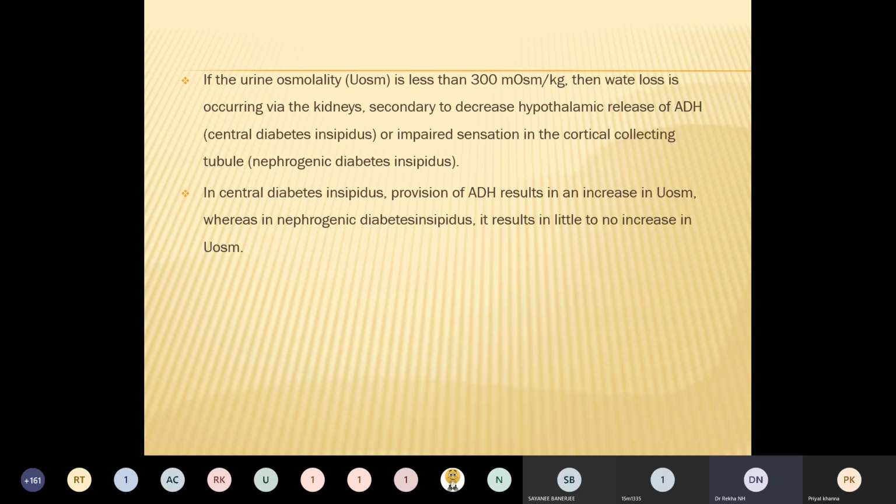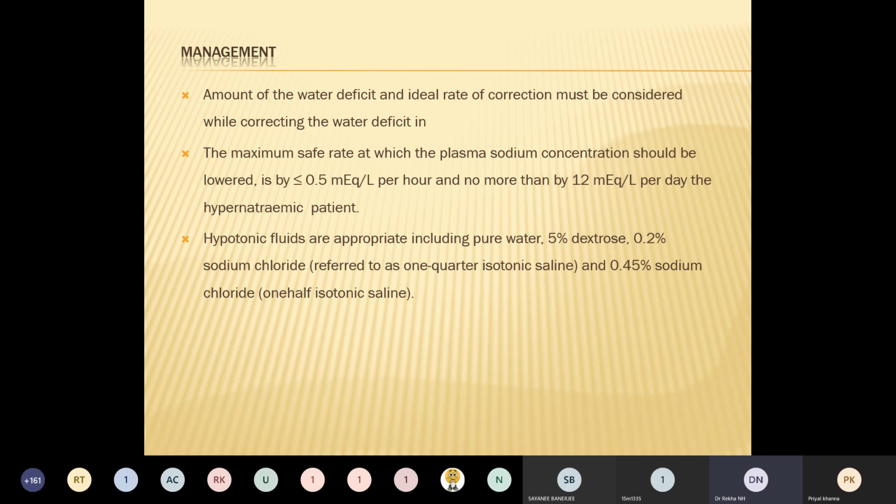If the urine osmolality is less than 300, then the water loss is occurring through the kidney. In patients with central diabetes insipidus, we can get ADH levels. So we have to work up for diabetes insipidus. We have to calculate the amount of water deficit and it should be corrected.